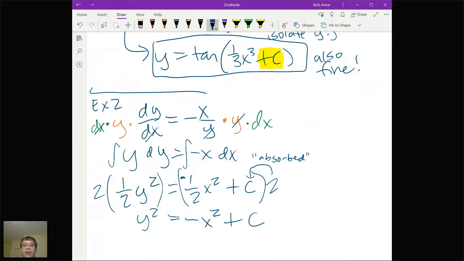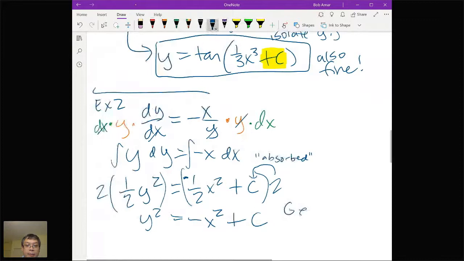And I like to at least point out that you should make sure you think about, is it okay? Has this value of C been used in some other function yet? Here it hasn't, so there's no worry about it. But if that C was inside, like for example here, if this C was inside the tangent and then I multiplied through by 2, the 2 can't get to that plus C. Okay. All right, so this is a general solution.